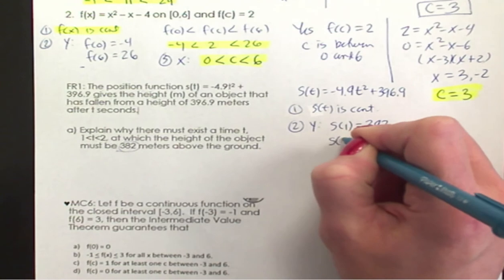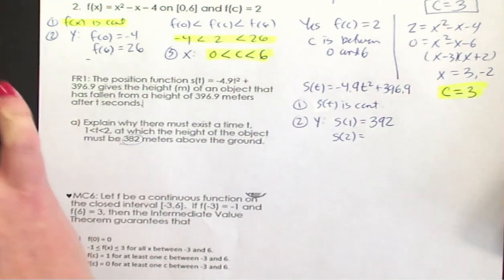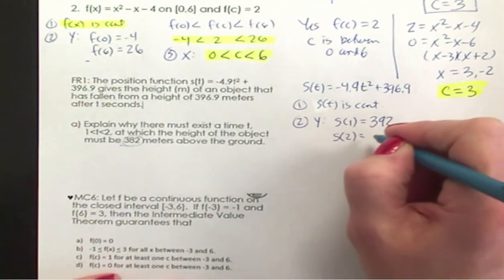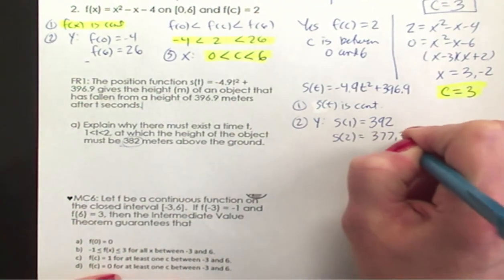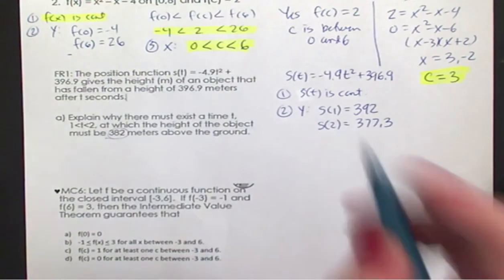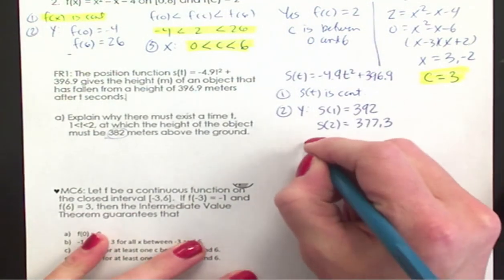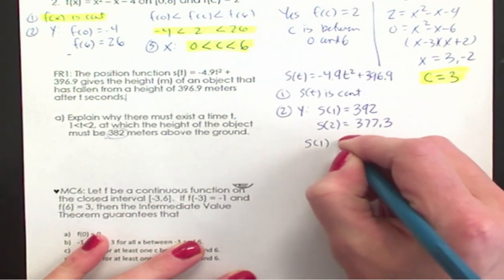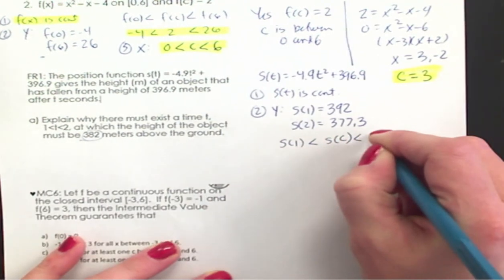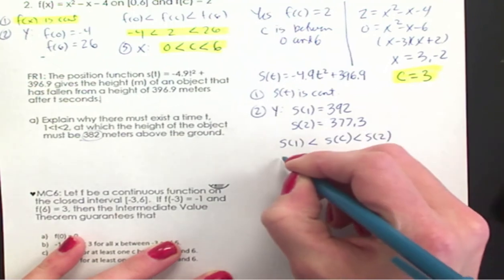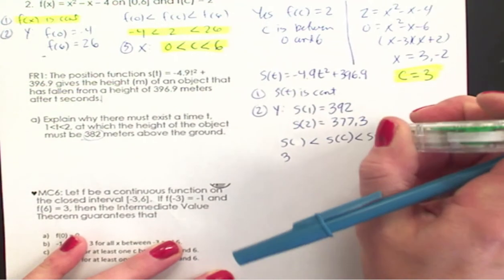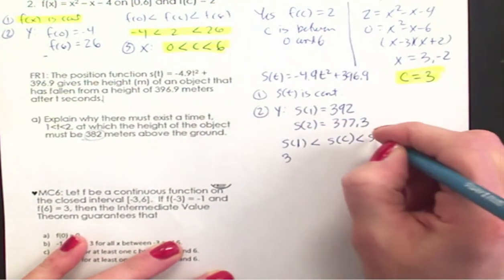S of 2 equals, okay, plug in 2. 377.3. Okay, I can already tell the answer is yes, but I'm going to write down everything else I have to show. S of 1 is less than S of c is less than S of 2. Oh, nope, that's the wrong order. See that? Wrong order.